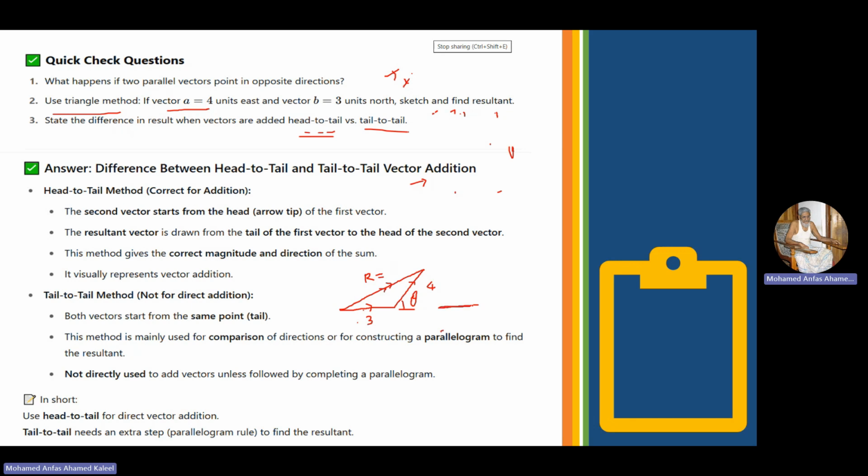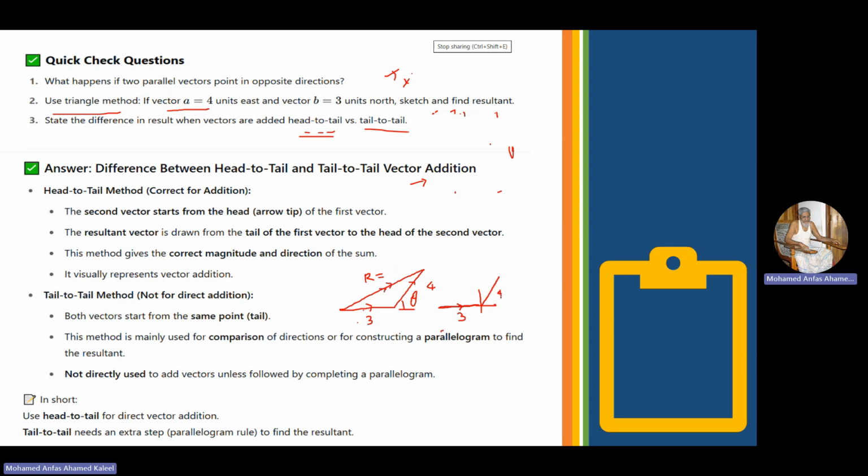By scale you can draw vector 3. From its head, measure the angle theta and draw the line 4. This is the vector polygon method, or triangle method.